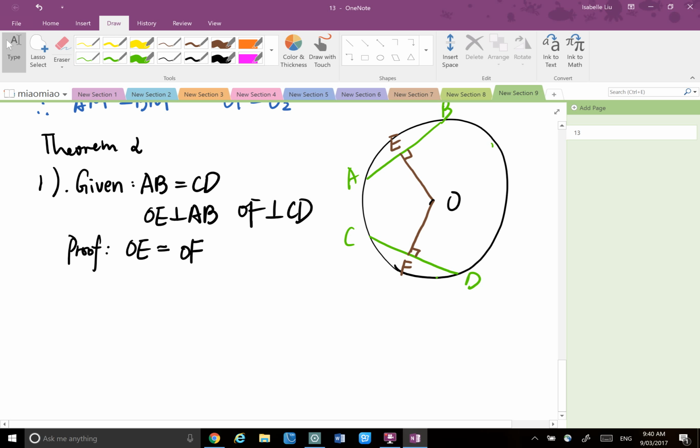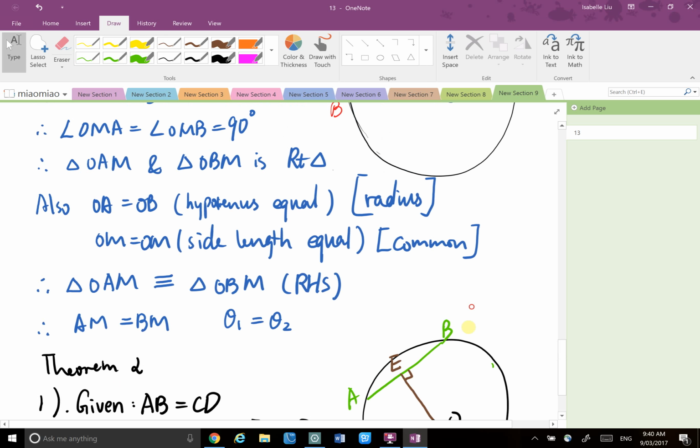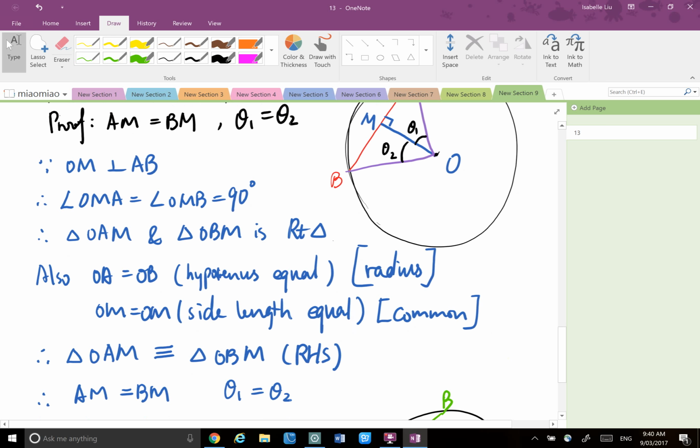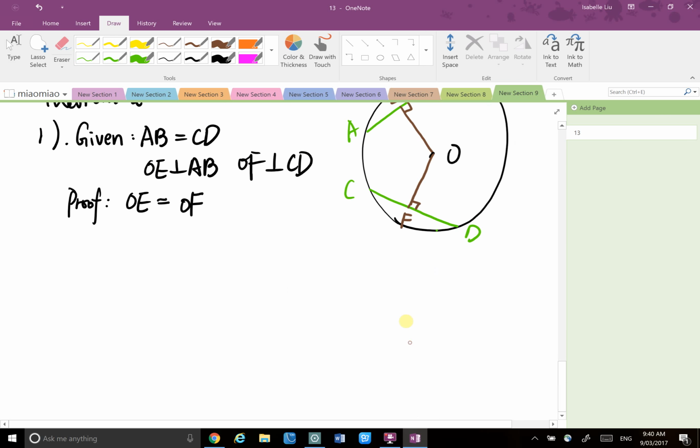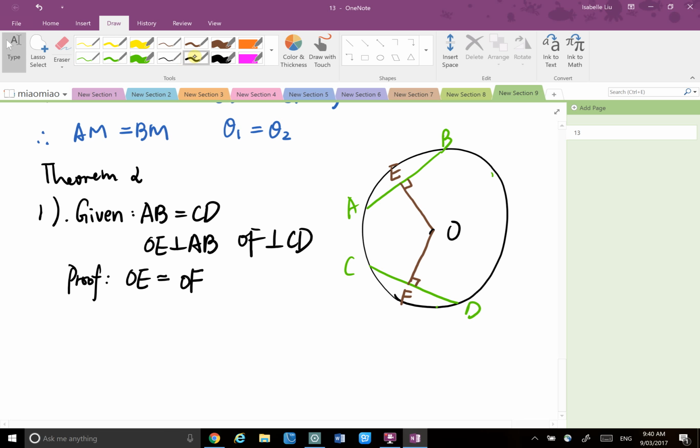Why do I do this later? Because I want to show you this one first. When you draw a perpendicular line to a chord, that will bisect the chord. So what I'm trying to do now is connect OA and OC. I just create two triangles.